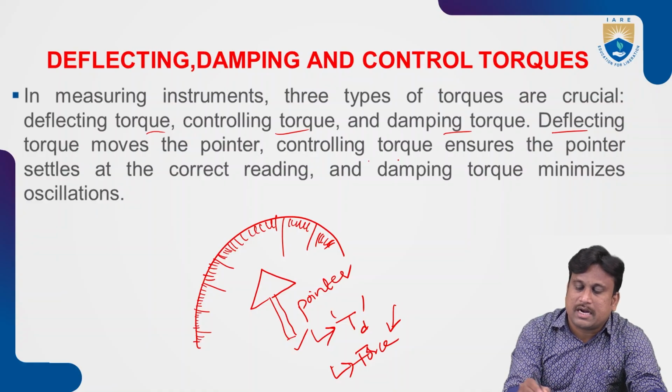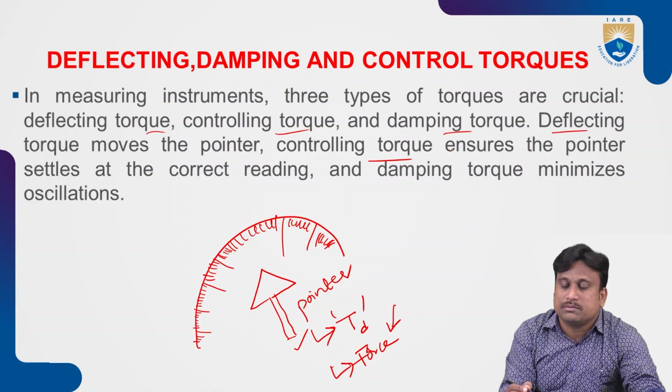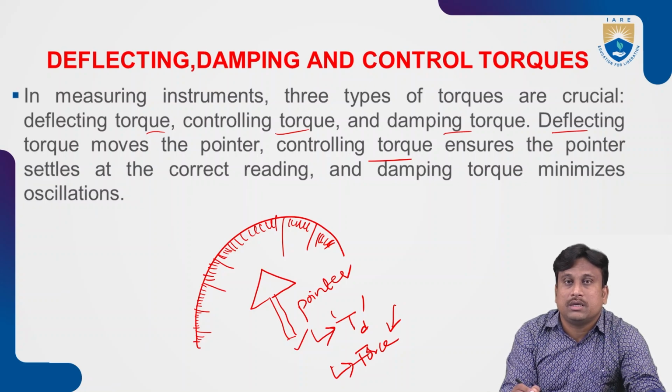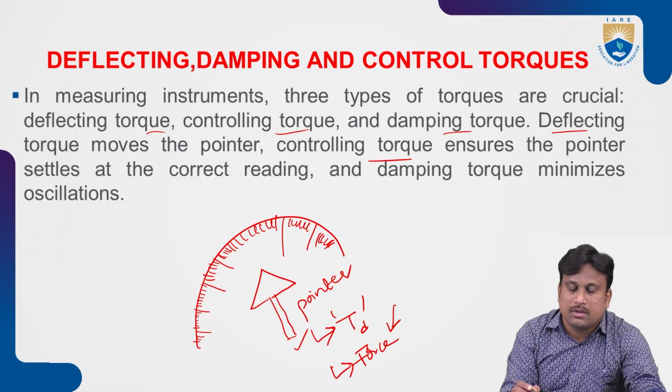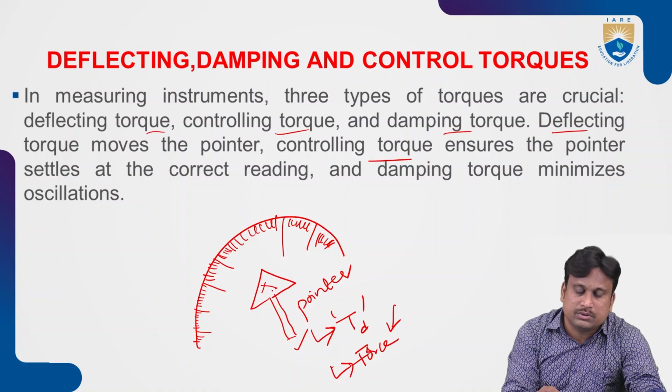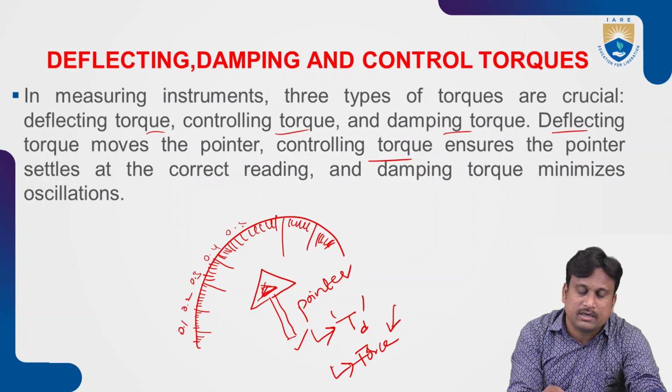Coming to the controlling torque, it ensures the pointer settles down at its exact position or correct reading. Once the pointer is initiated and moves over the scale, it is ready to settle down at a particular value. For example, 0.1, 0.2, 0.3, 0.4, 0.5 and so on.